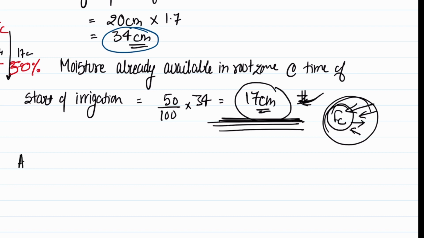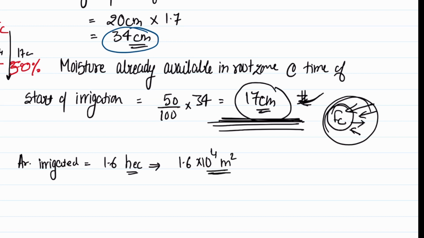The area that is irrigated is 1.6 hectares, which equals 1.6 into 10 to the power 4 meter square. This is for a 1 meter square area. So for 1.6 into 10 to the power 4 meter square, how much will it be? Since 17 is in centimeters, it is 17 divided by 100 meters.